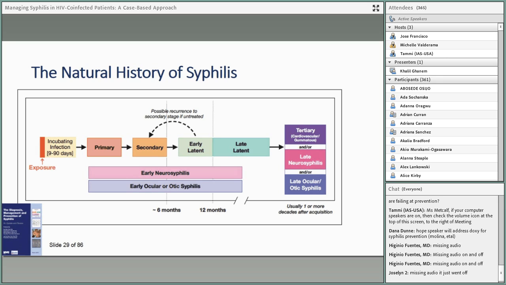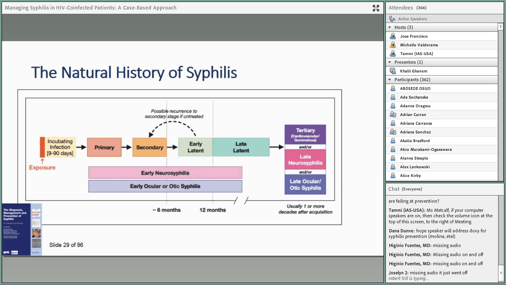You will see evidence of mucosal lesions, whether they are mucus patches or essentially warts, condyloma lata. You will also see evidence of hepatitis, gastritis, lymphadenopathy, fevers, and so secondary syphilis is essentially the time when you see all of the classic clinical manifestations of syphilis happening.